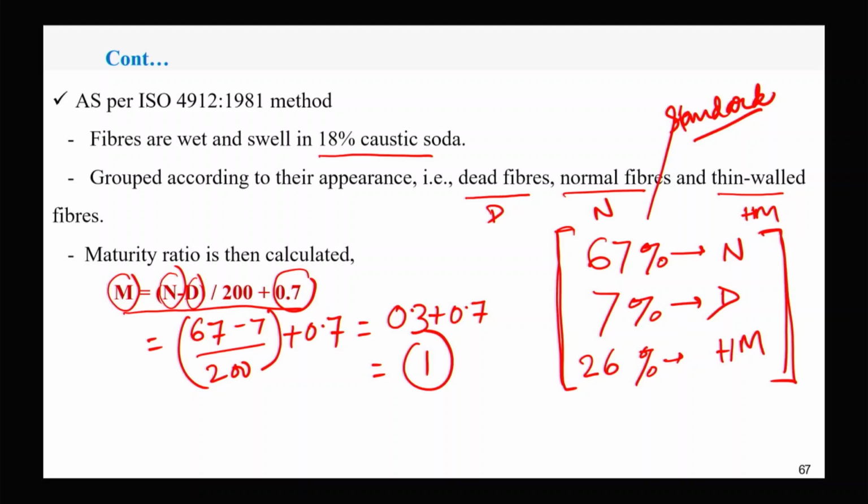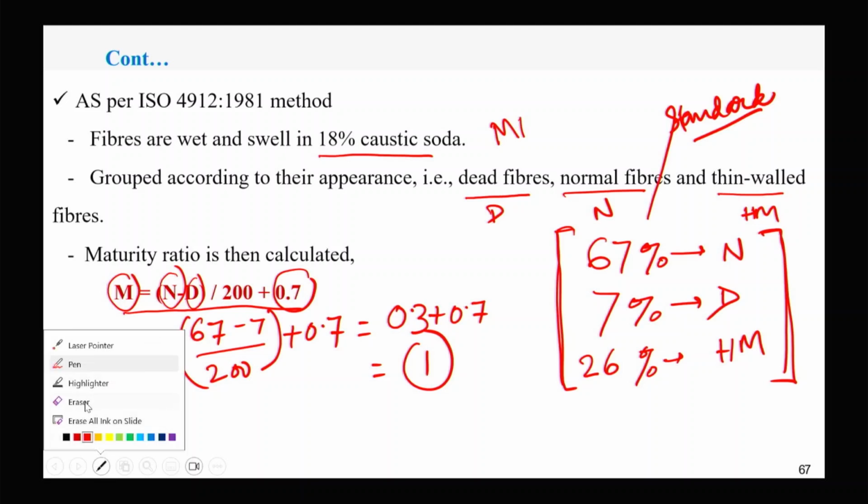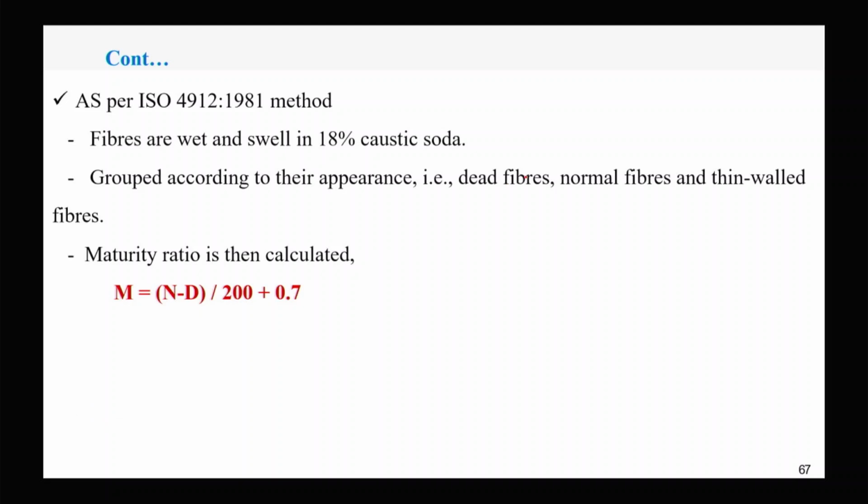We have already discussed that maturity ratio M is H by HS.